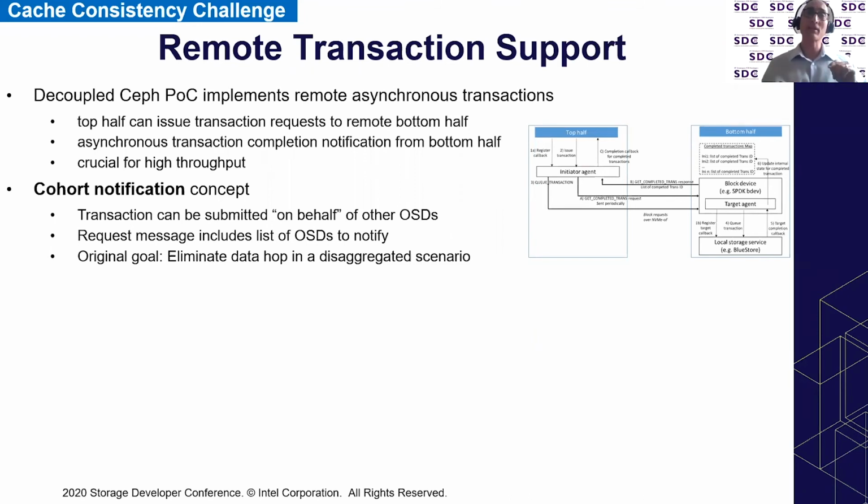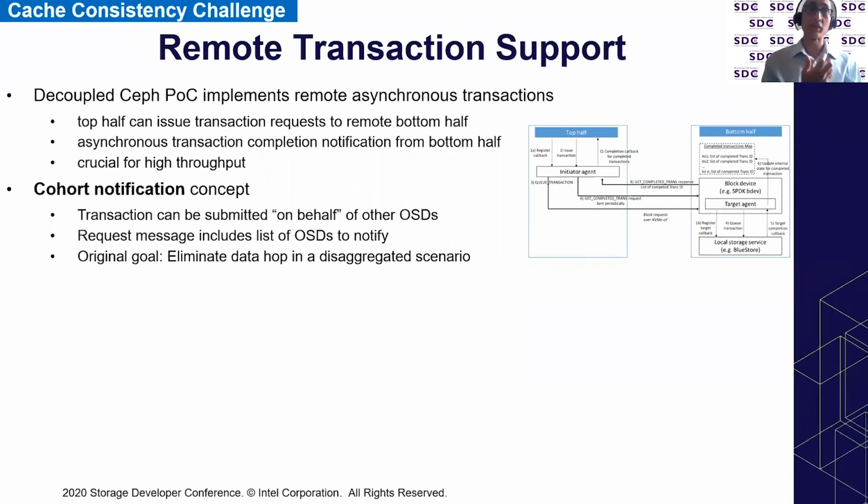And we have enabled asynchronous completion notifications from that remote bottom half to the top half. This asynchronous completion mechanism was crucial for us in the decoupled Ceph POC for ensuring high throughput.